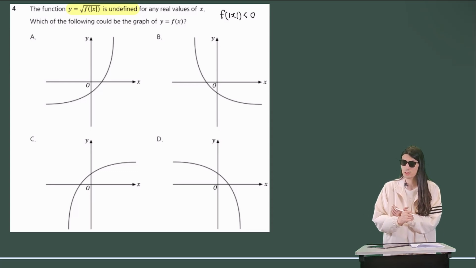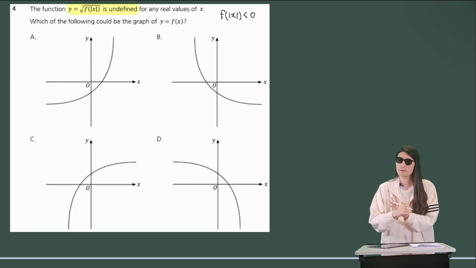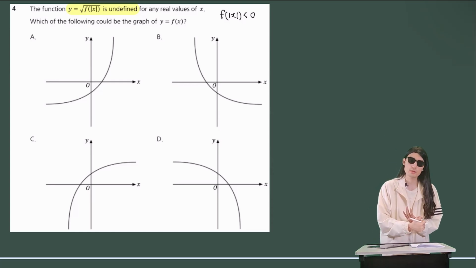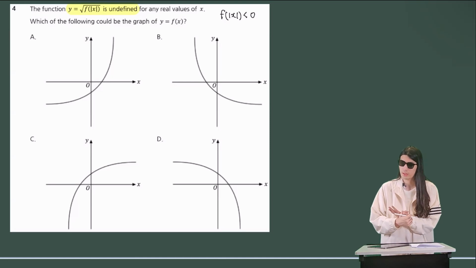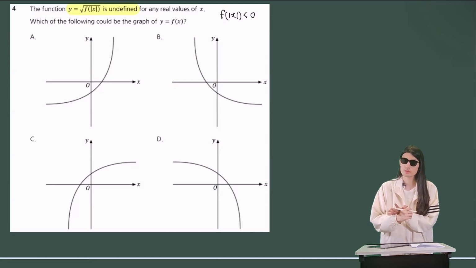And for square root functions, if the expression under the square root takes a negative value, well then the square root function will be undefined. So here, under the square root, we've got f of absolute value of x, which if that's negative, the square root of that will become undefined. Okay?